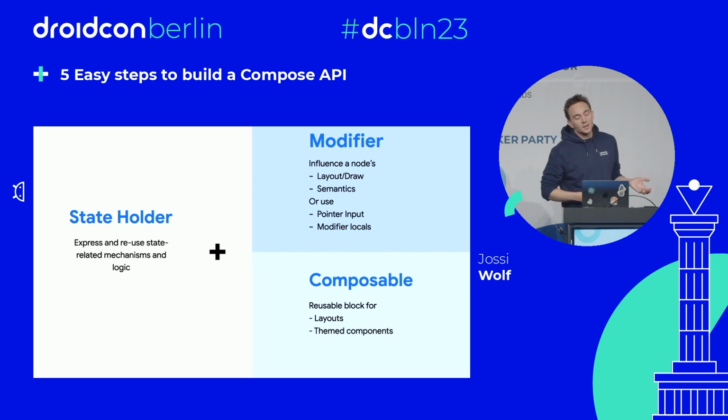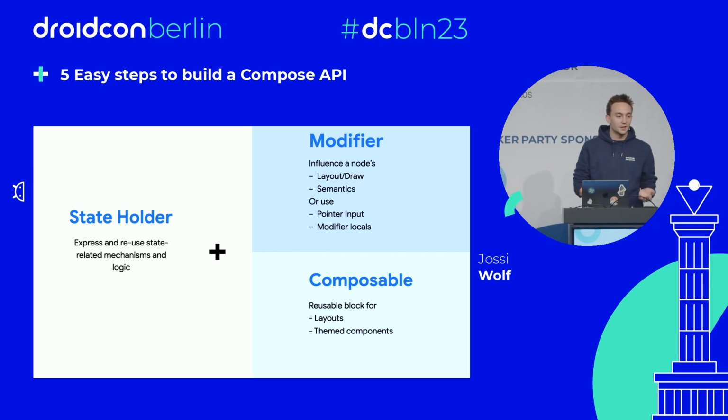So in Jetpack Compose, you essentially have three types of things available that you'll usually see, and it's usually a combination. So you have state holders, which you can use to express and reuse state-related mechanisms and logic. For example, we have swipeable state, which contains all of the logic for, oh, when I let go, I want to move to the closest anchor, that kind of stuff. Or it could just hold data.